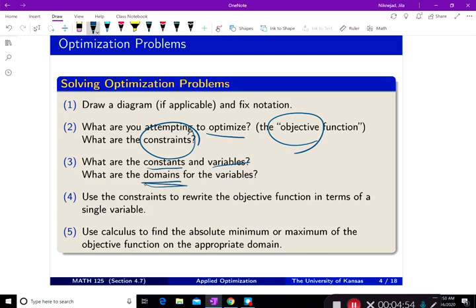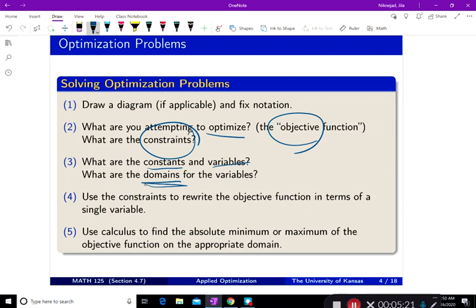Domain is very important because whichever test you're using, first derivative test, second derivative test, or the closed interval method, you have to have this domain worked out. So you figure out how you're optimizing or what test you're using.